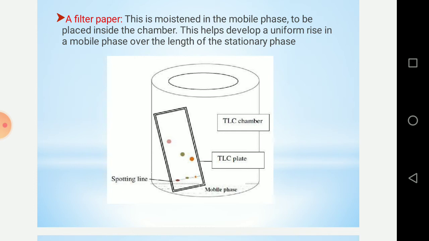At the bottom you can see the mobile phase, means the liquid part is kept, and on the plate a line is made on which the spots are placed, and after some point of time these spots travel higher in the upward direction, and they get separated at different lengths, and based on their lengths they are identified and characterized further.